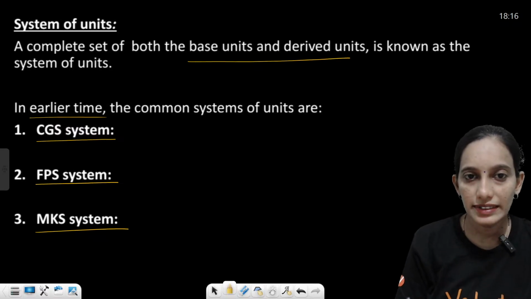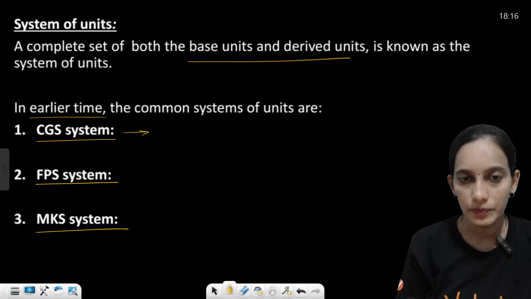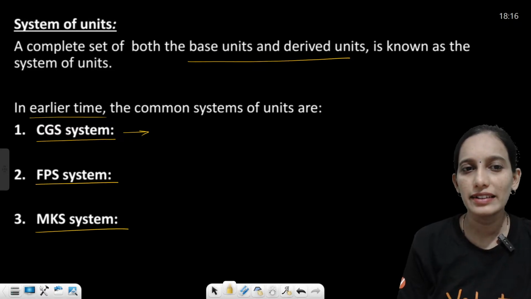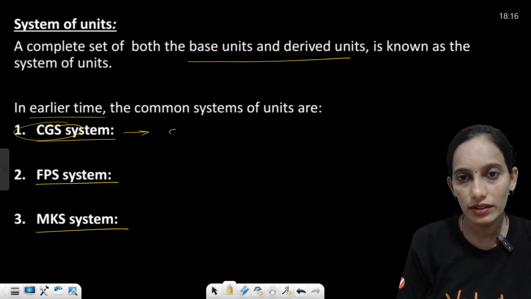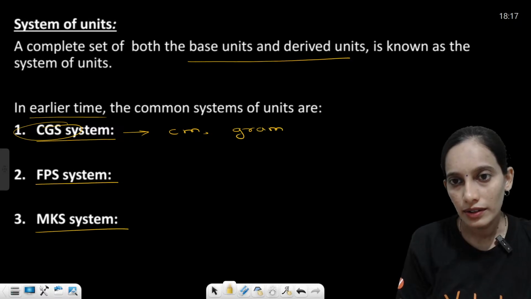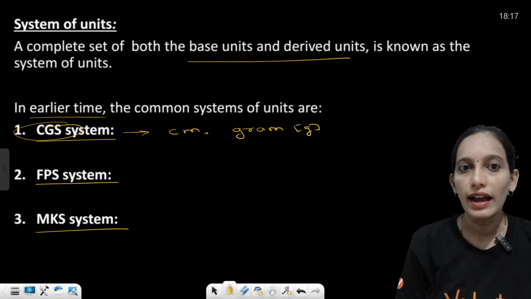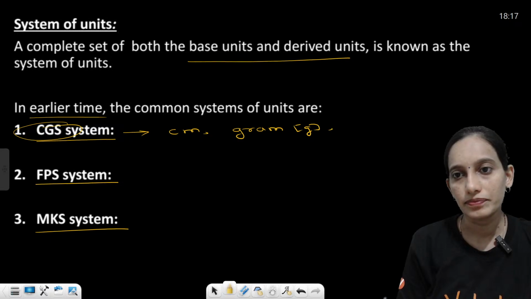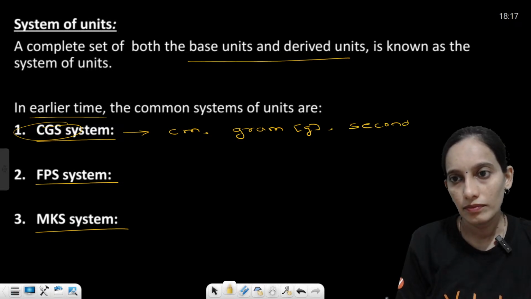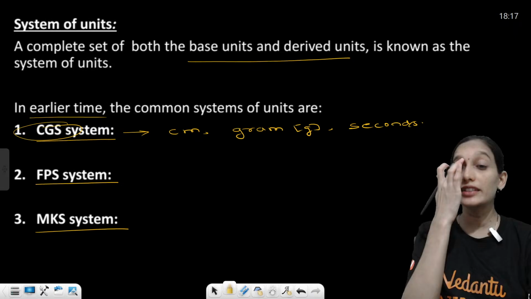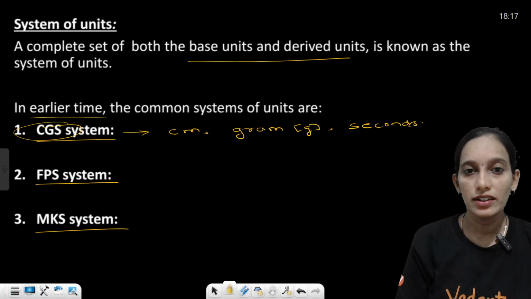So what is the CGS system? The CGS system is again simply a representation. Here C stands for centimeter, G stands for gram, and S stands for seconds. So centimeter, gram, second is our CGS system.